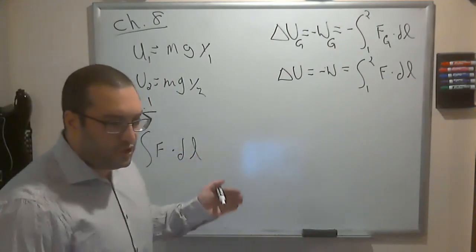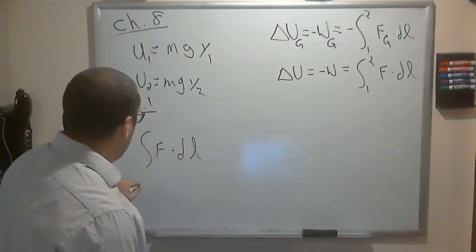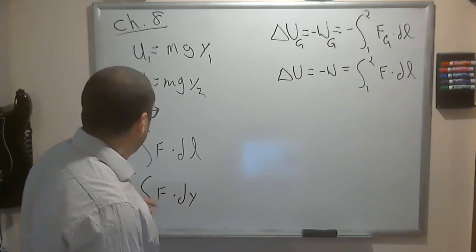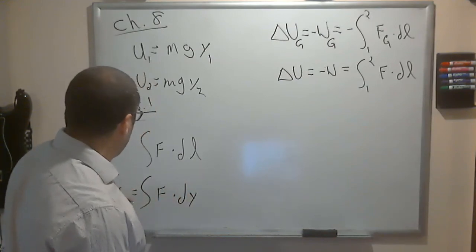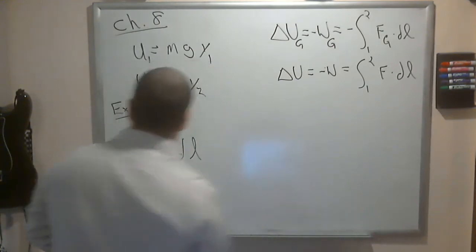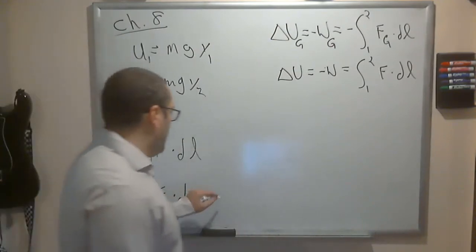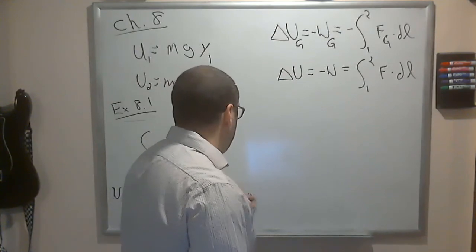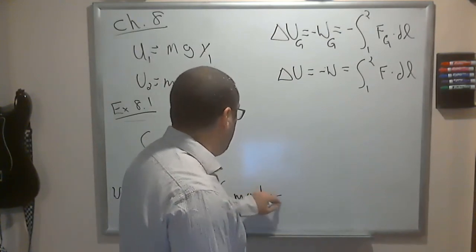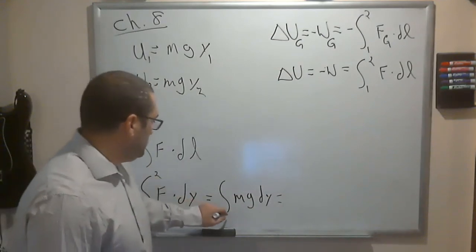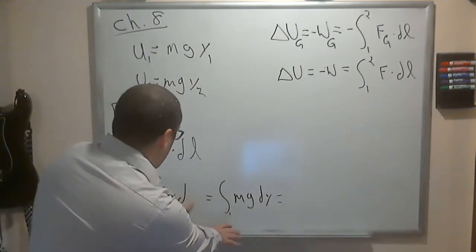Because it's a conservative force, it's only in one direction. So we do this, F dy. The work done on something is just F dy, and for us, it would just be mg times dy. And this integral, I'm sorry, this should be L.